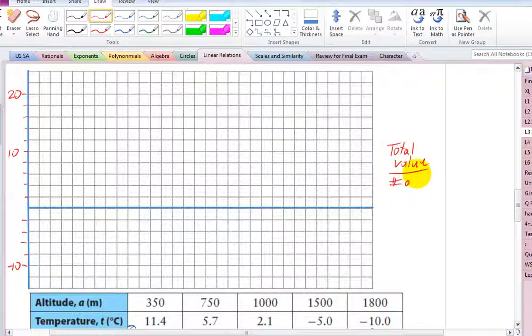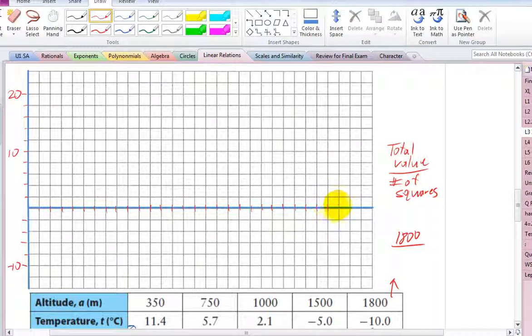So for example, for the altitude, 1800 is my total value, and I can count the squares. 1, 2, 3, 4, 5, 6, 7, 9, 10, 11, 12, 13, 14, 15, 16, 17, 18, 19, 20, 21, 22, 23, 24, 25, 26, 27, 28, 29, 30, 31.